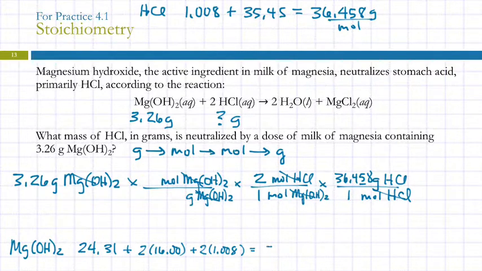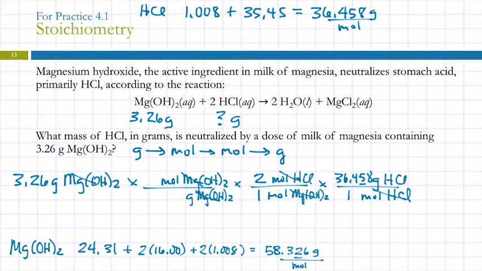Awesome. The 2 of us got it right. Of course, I can't write it. It's hard to write one thing while you're saying something else. But sometimes I even can't write it when I'm saying the thing I'm writing. So that's the molar mass of magnesium hydroxide.